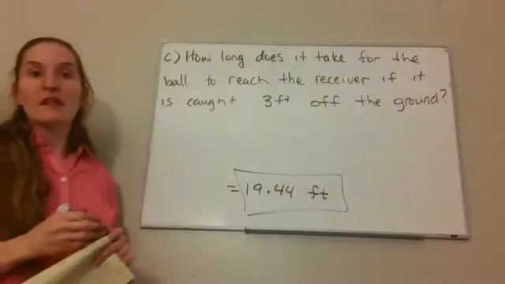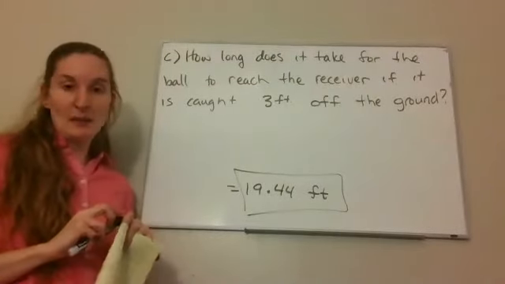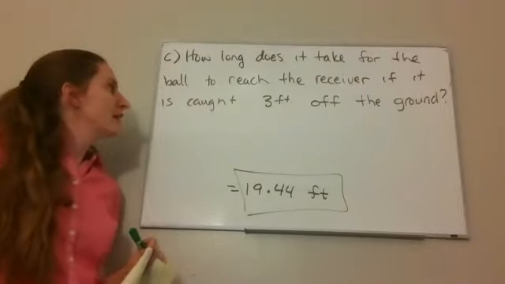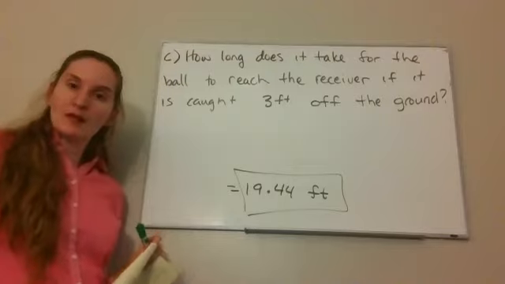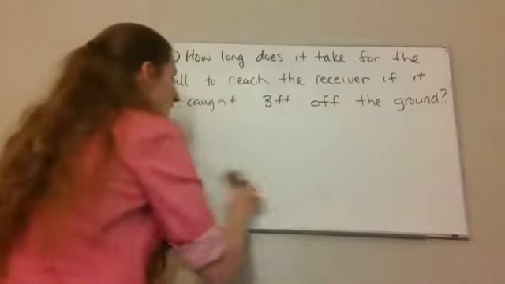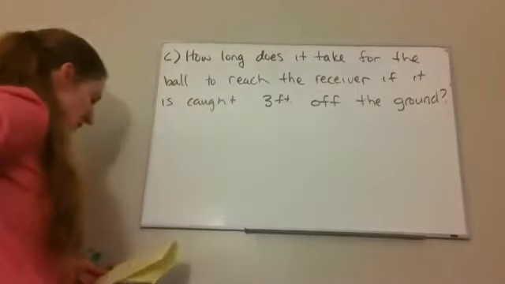So notice this is asking us how long it takes. That means we're going to have to solve for t, our time. This means that that 3 feet where the ball is caught, that's what we have to set our function equal to. We're trying to figure out the t value.